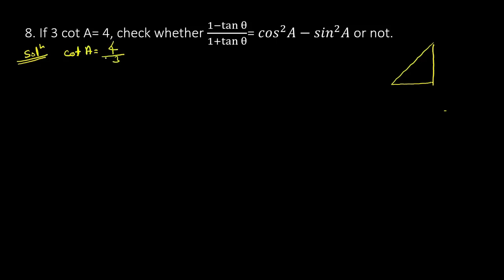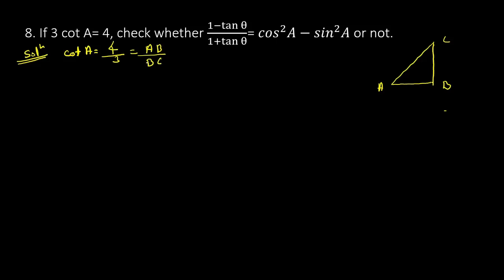So this one is angle A, and the vertices B and C. Now cot A equals 4 by 3. So 4 is AB, means base, and 3 is BC.